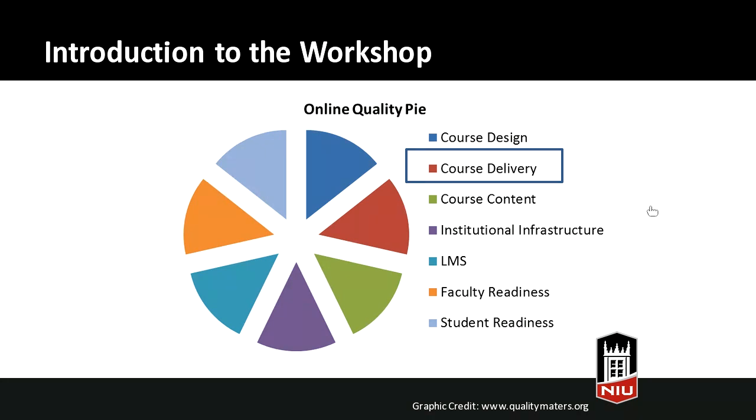You can see that there's a variety of things that might go into that, anywhere from the design of the course, to the institutional infrastructure you have at the university. The LMS is Blackboard here at Northern. That's our learning management system. And then also the faculty's readiness and the students' readiness.